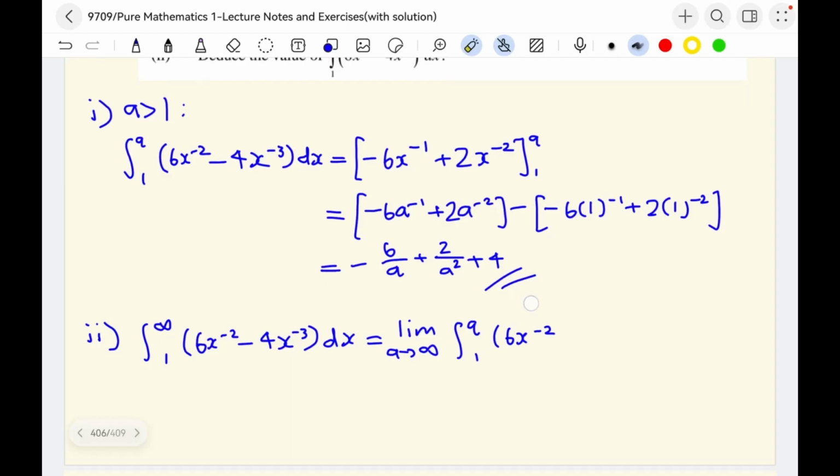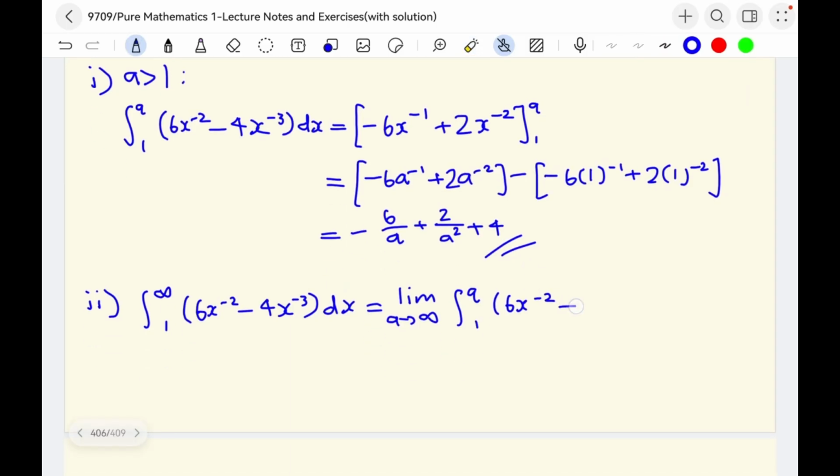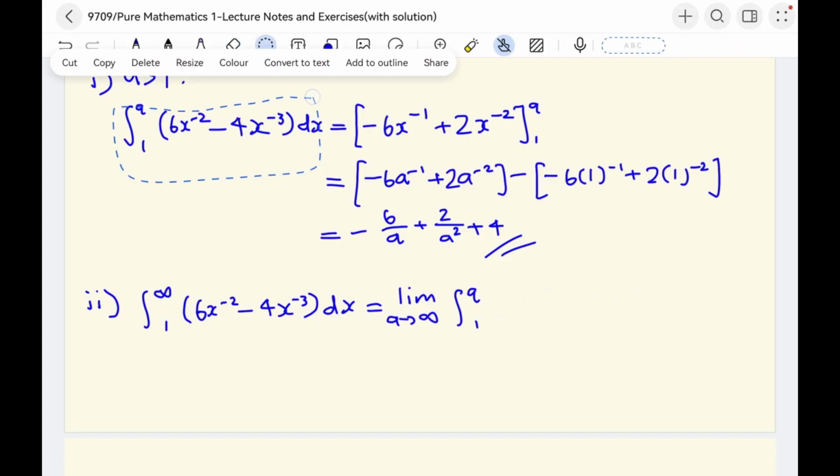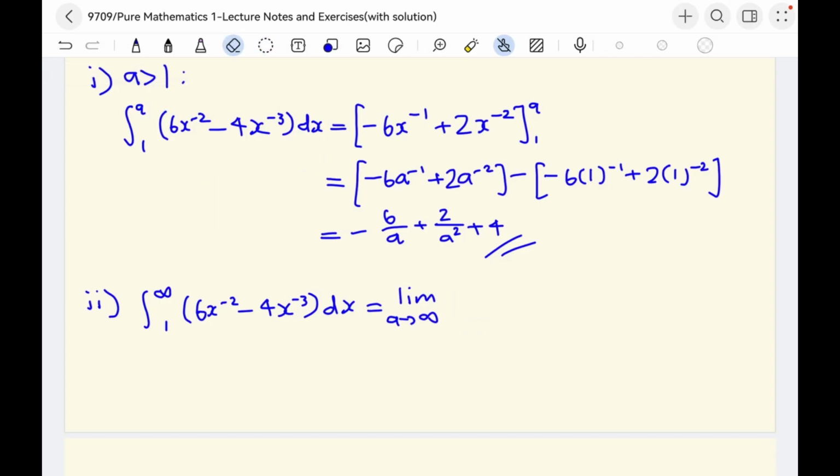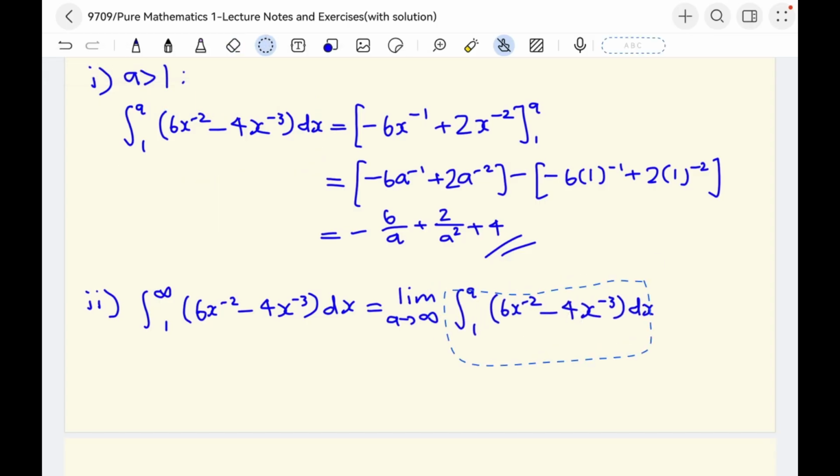Now we can substitute the result from the first part inside the equation.